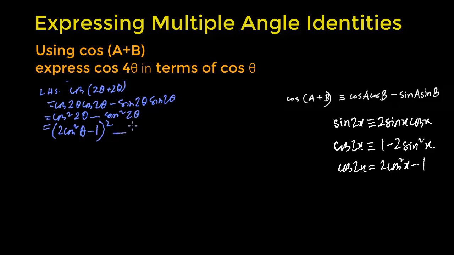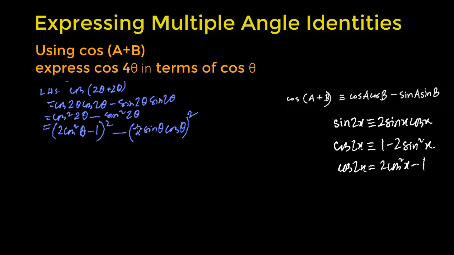Minus sin square θ. Sin 2θ is 2 sin θ cos θ, and we're going to square it, because sin squared θ is the same as sin θ whole squared.